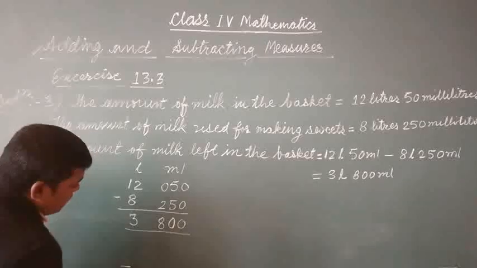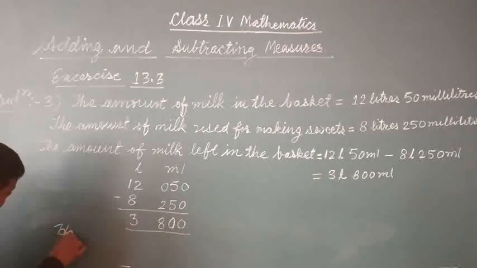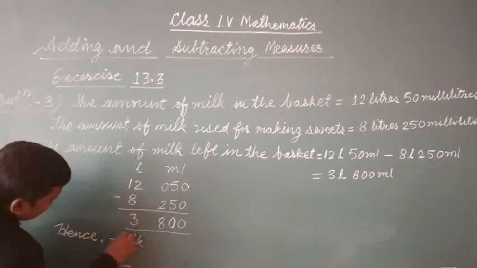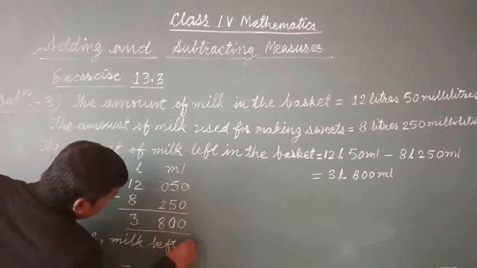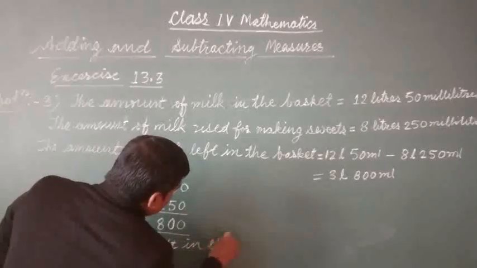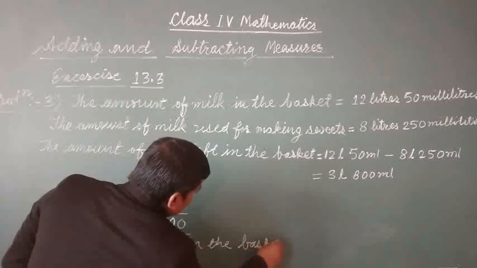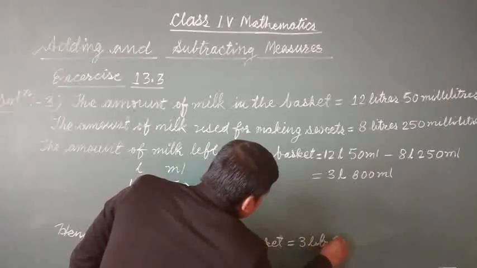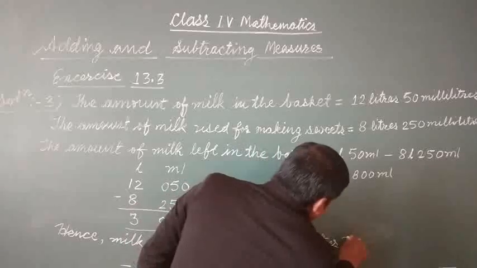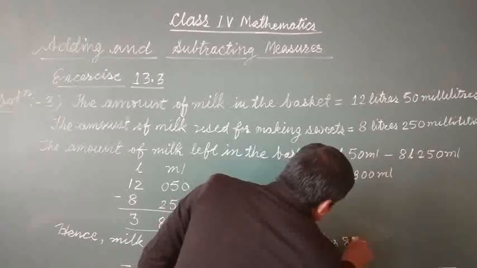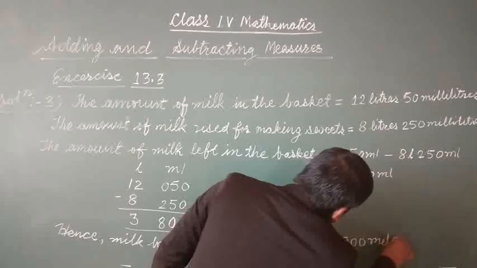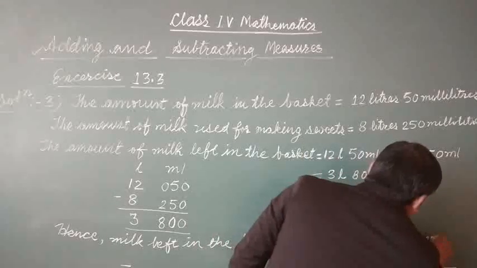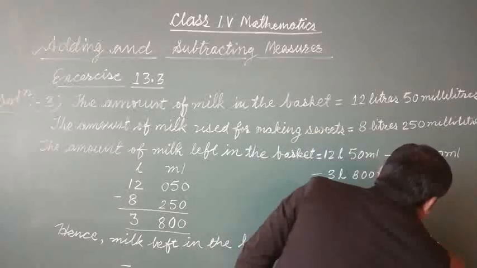So we write from here hence milk left in the basket is equal to 3 liters 800 milliliters, and this is the answer.